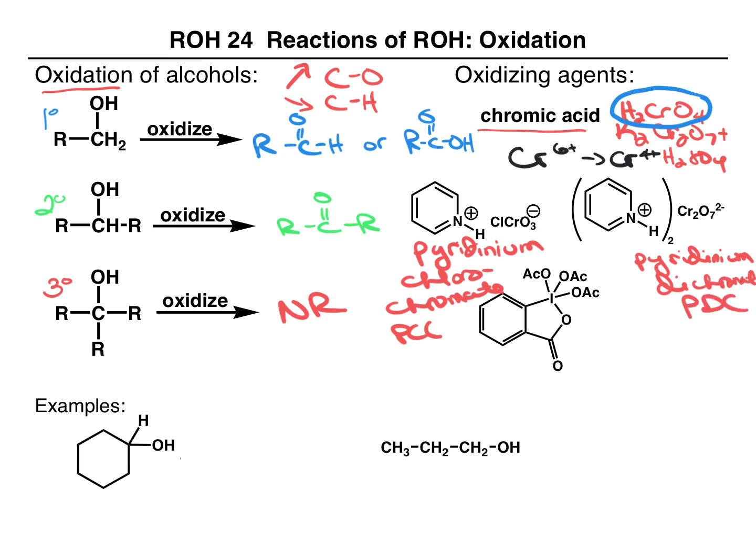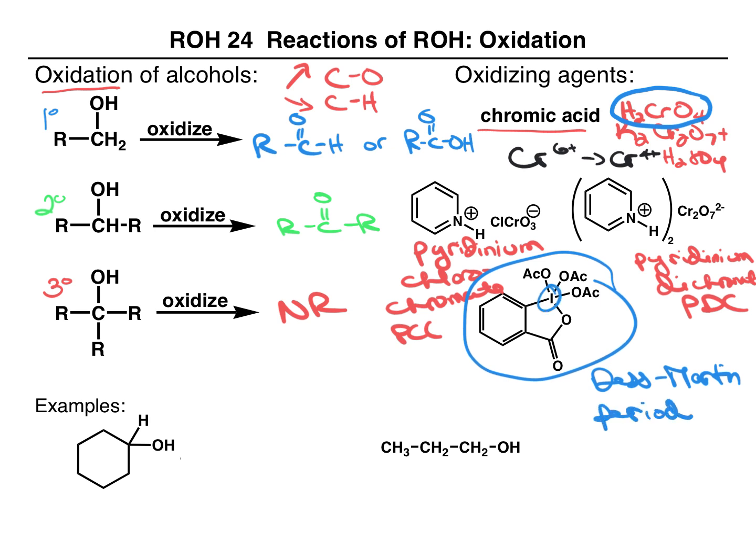In addition to the chromium-based reagents, there's a whole host of other reagents that have been developed. This one in particular is called the Dess-Martin periodinane. It was developed by Dess and Martin. This type of compound with the iodine in those bonds is a periodinane, or it's just called the Dess-Martin reagent.